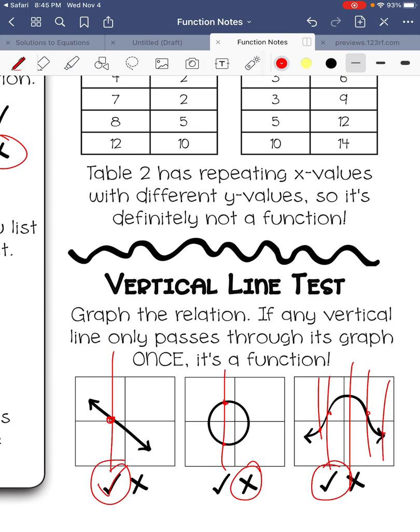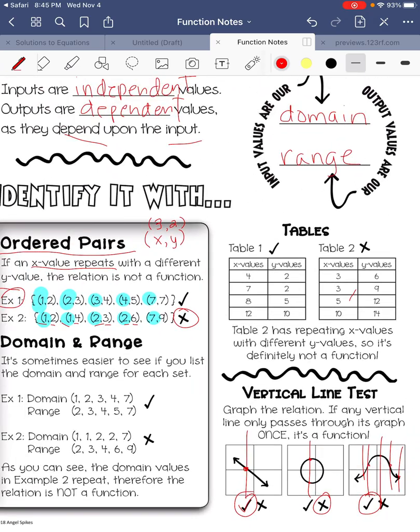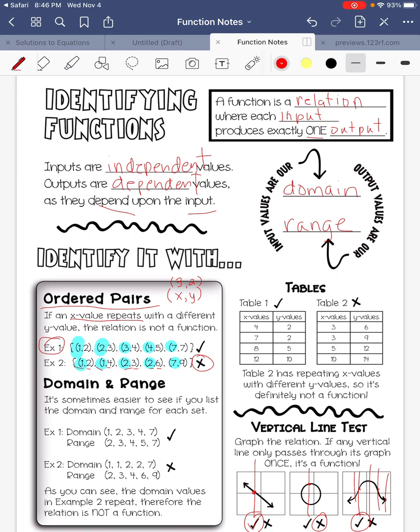And again, like I said, we will spend some time doing nothing but this. But this is an example of what a function is. So I hope this made sense. I know it's a little bit like, what does it have to do with math? And that's what we're going to be getting into. It's because we're going to be looking at these ordered pairs and tables and graphs and determining that.